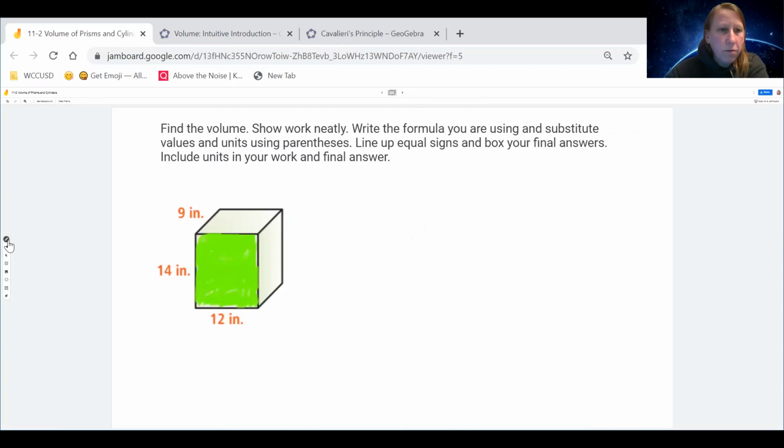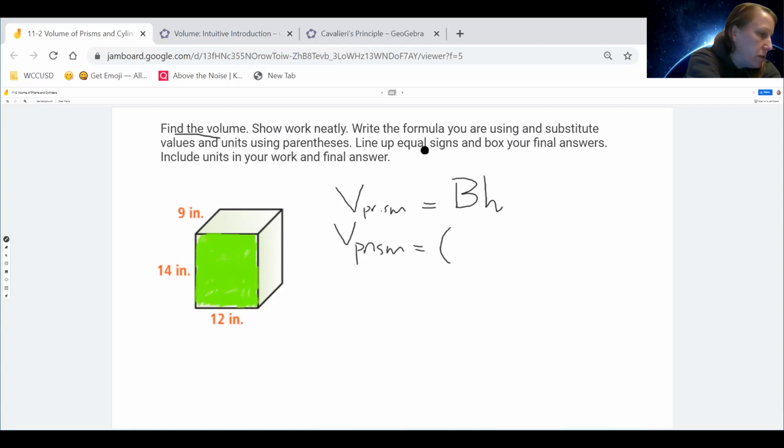Now let's do a math problem. So it says find the volume, show work neatly, write the formula, substitute values and units. So I'm going to do volume of a prism is equal to the base area times the height. And the volume of this prism is going to be, the base area for this one is going to be, which one do we want to call the base?